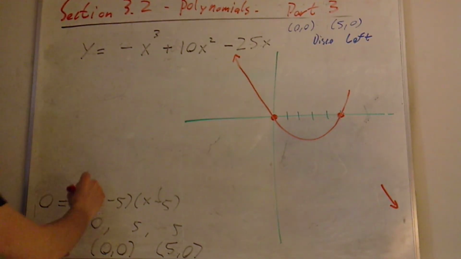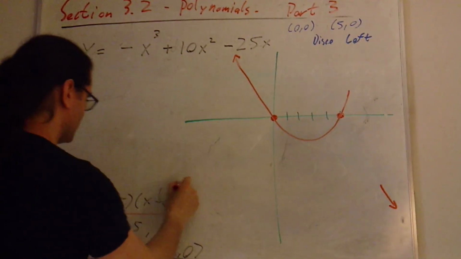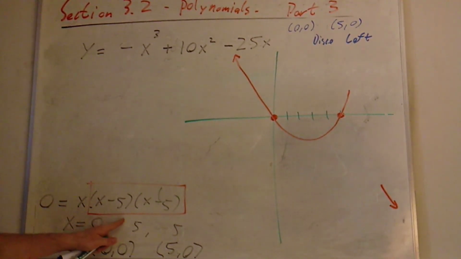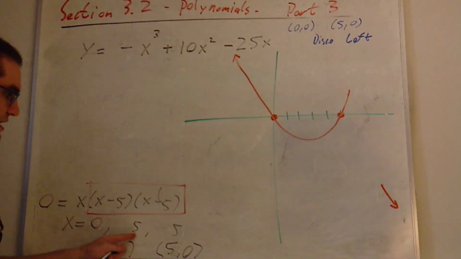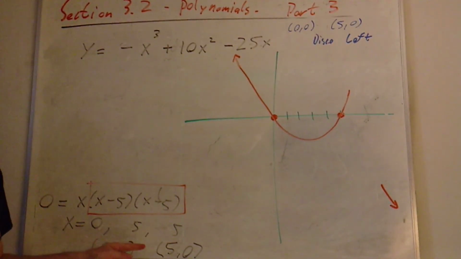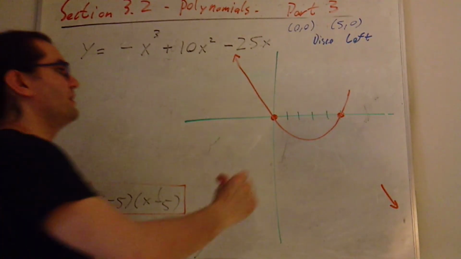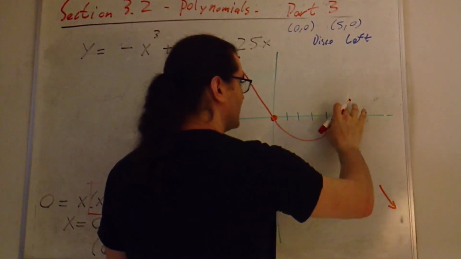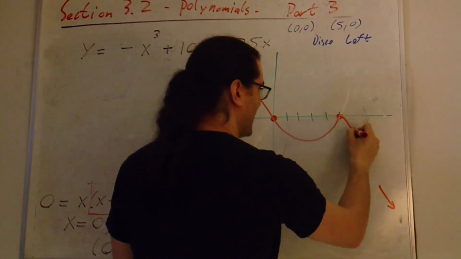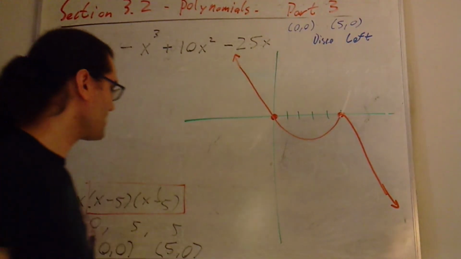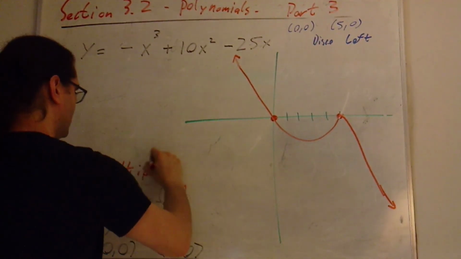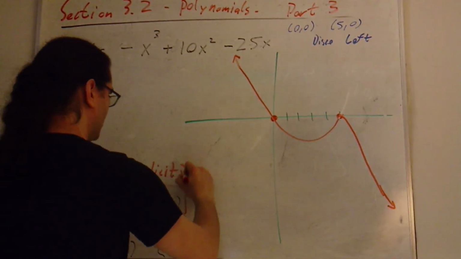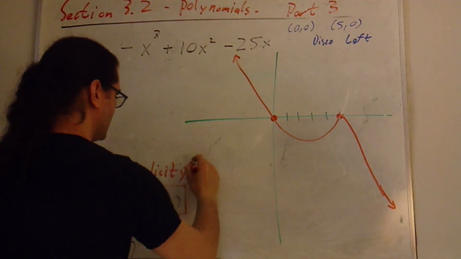So here's the weird thing that happens. This intercept, this factor is repeated. This intercept, 5, is on this list twice. That means that it doesn't cross here. It bounces. This is called multiplicity 2.